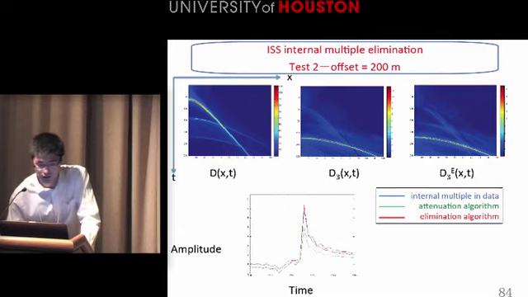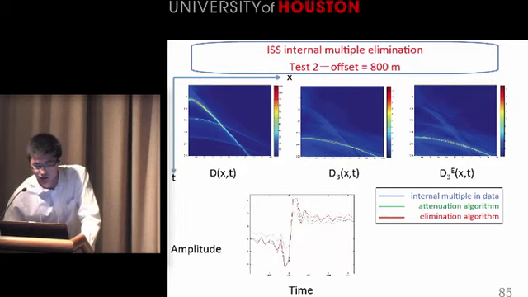And here's another offset at 200 meters. We can say the elimination algorithm can still predict very good amplitude. And here's another trace at 800 meters. You can see the amplitude is still very good.